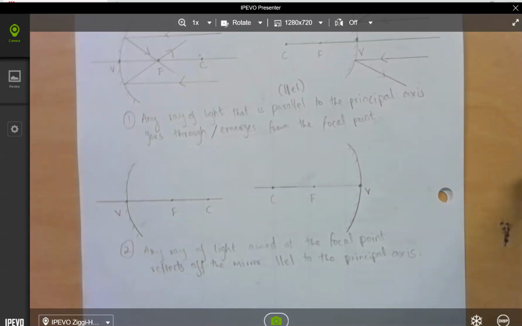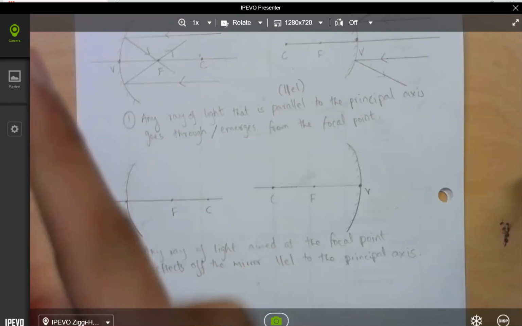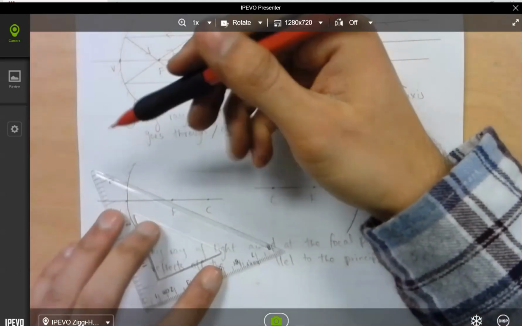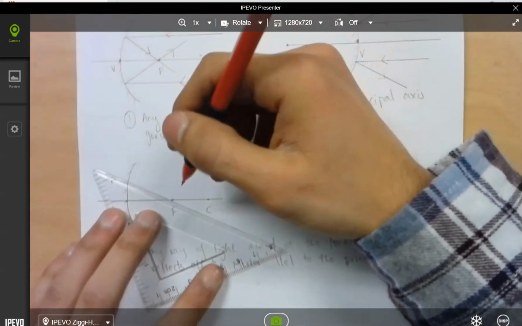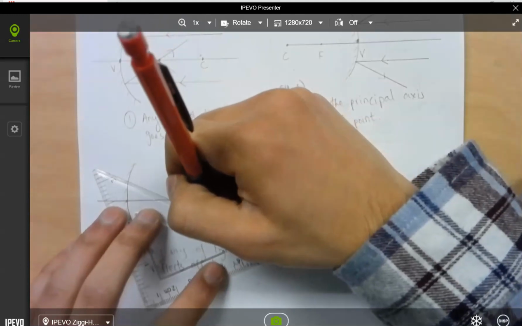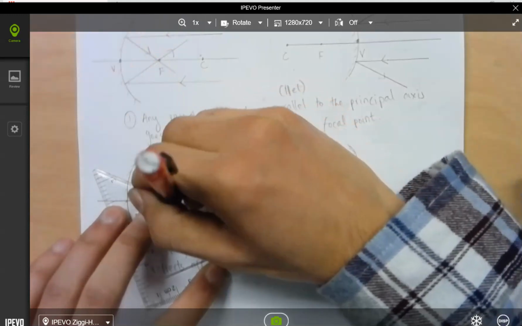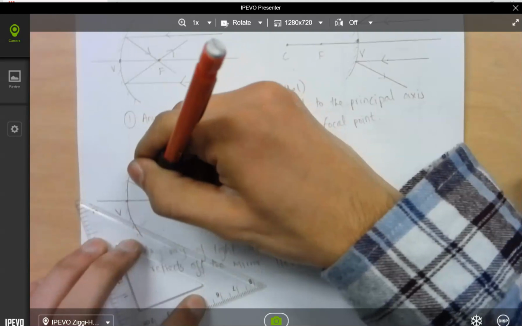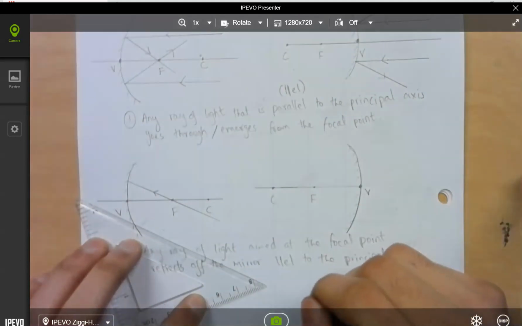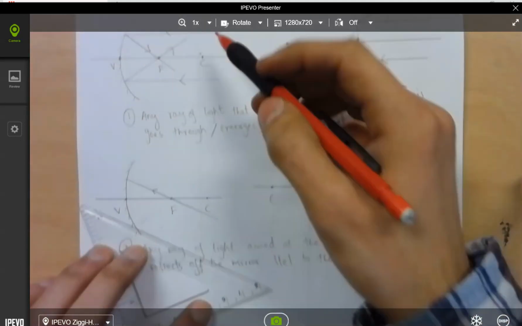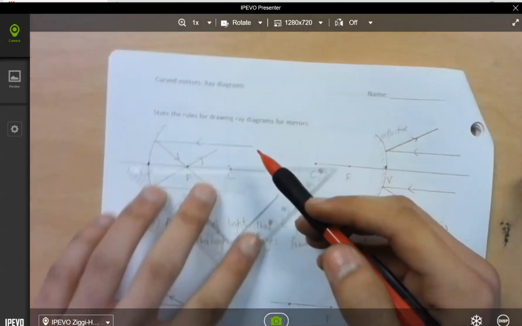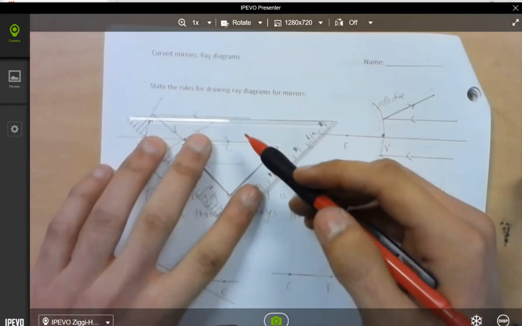Alright, so let's see what we mean by that. We're going to aim a ray of light that's passing through the focal point. So now this time the incident ray is going through the focal point. Right? Do you see the difference between what we drew up here? The incident ray was coming parallel to the principal axis.